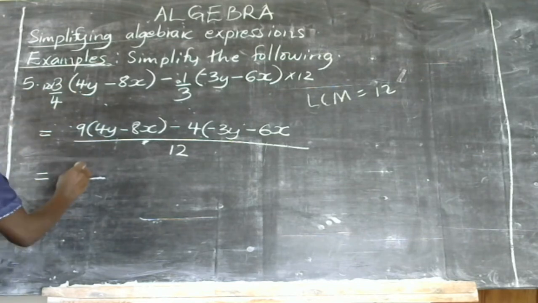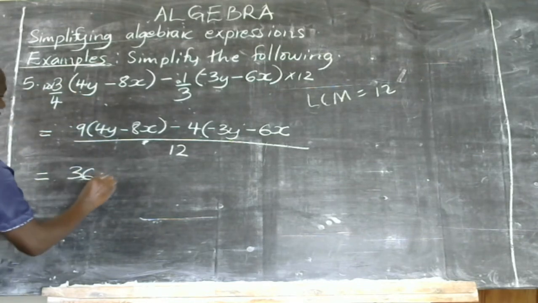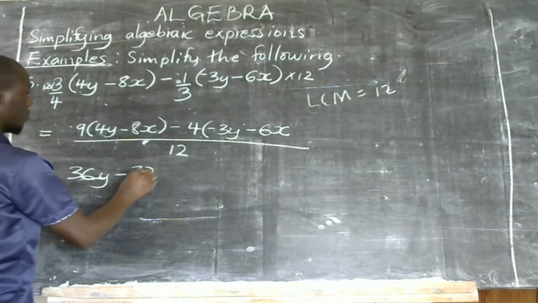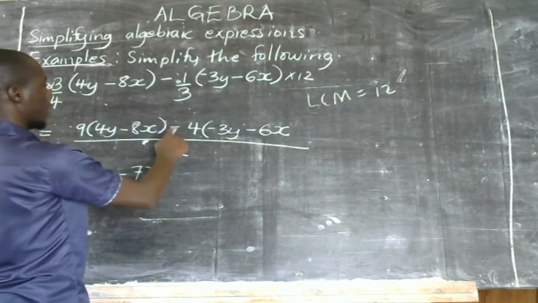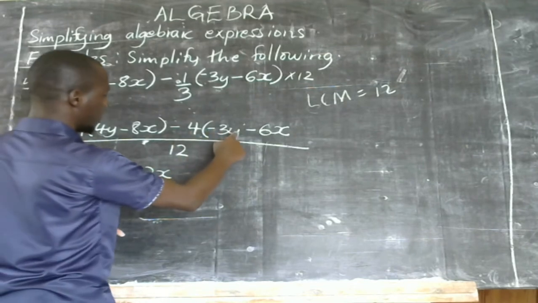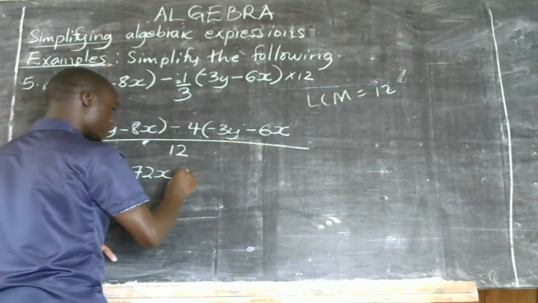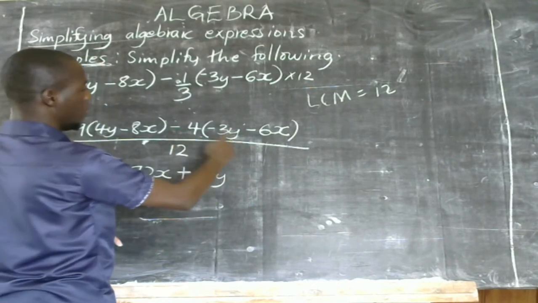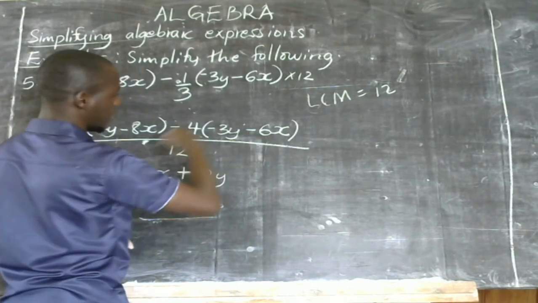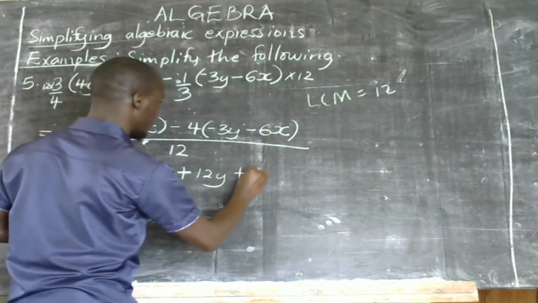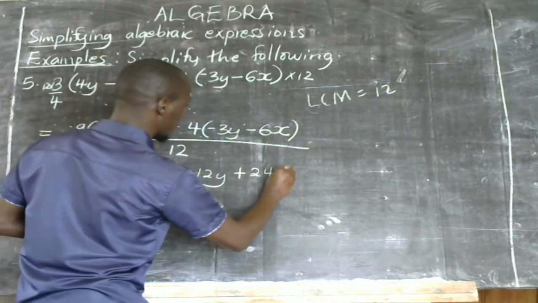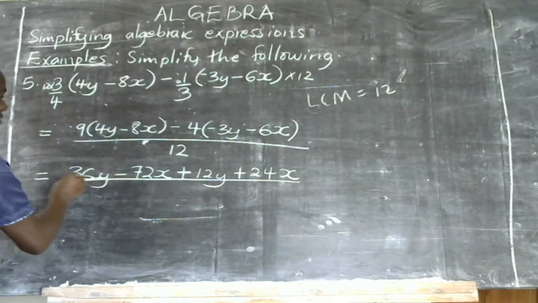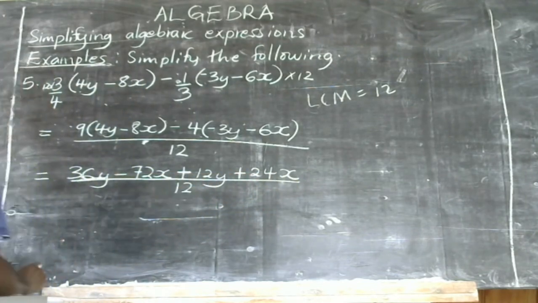This one here is going to be 36y, then minus 72x, negative 4 times negative 3. We are going to be getting positive 12y, negative 4 times negative 6x. We are going to get positive 24x. Then there is still a division of 4.